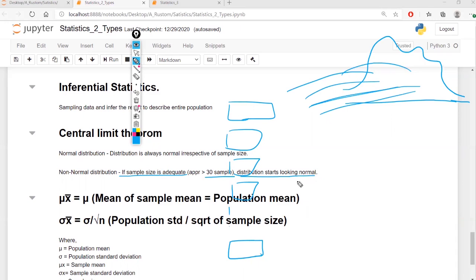How is that? Suppose I have taken a sample here.